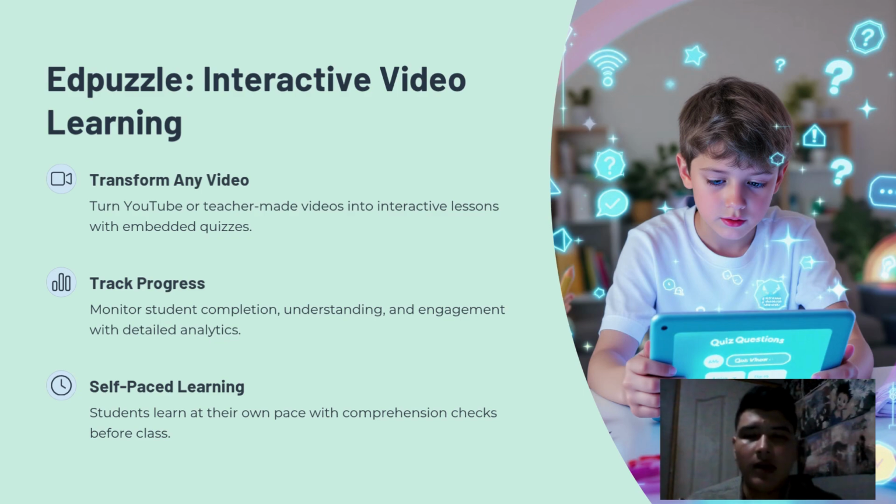We can also keep track of the students' progress by monitoring the completion and their understanding and engagement with detailed analytics that the platform provides to teachers. And lastly, it helps in having a more self-paced learning. Students learn at their own pace with comprehension checks before the class.